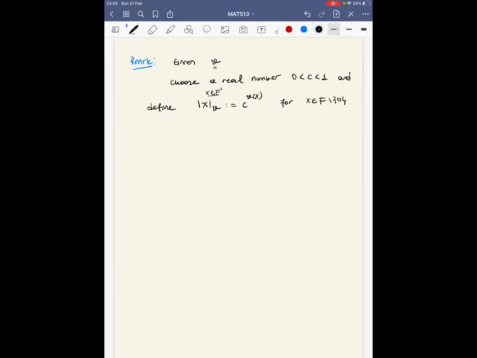Here x is non-zero. And for the 0 function, by convention, we will define its absolute value to be 0.